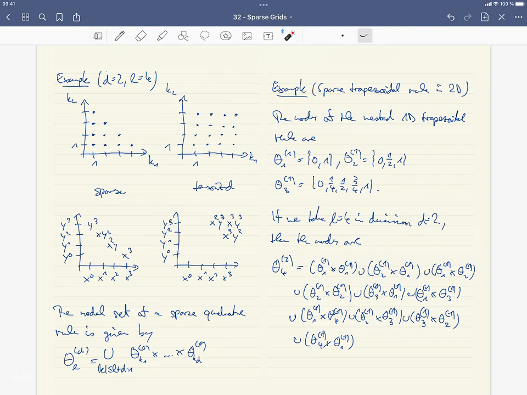Yeah, so what this says again, it's now a long formula. So how do I get the sparse grids? I get it by this union, right? And first of all, I have level 1 in x dimension, level 1 in the y direction, level 2 in x, level 1 in y, level 1 in x, level 2 in y, and so on and so on and so on at all of these points.